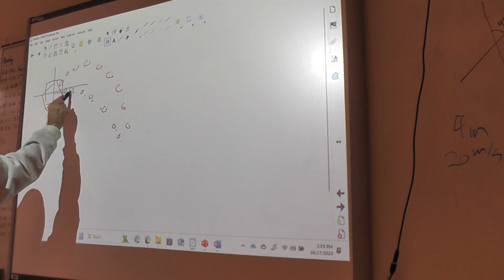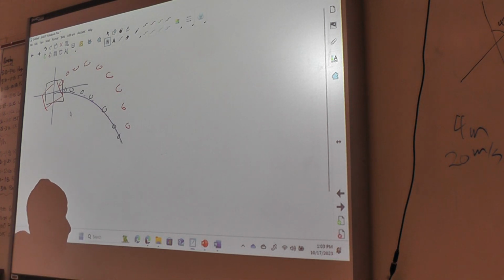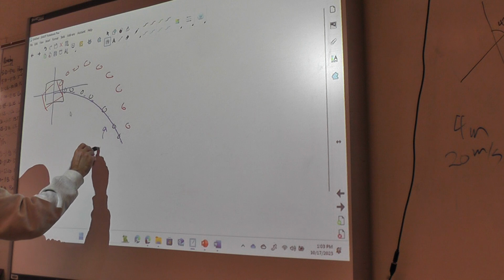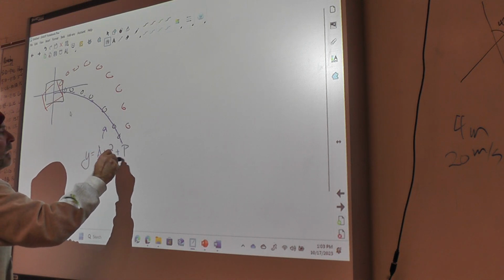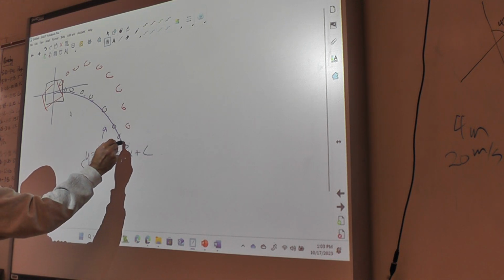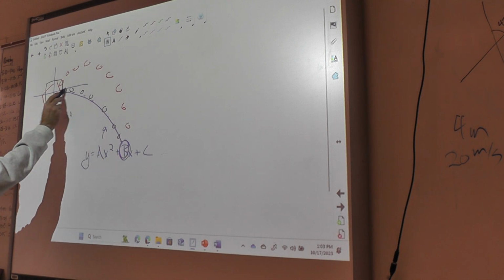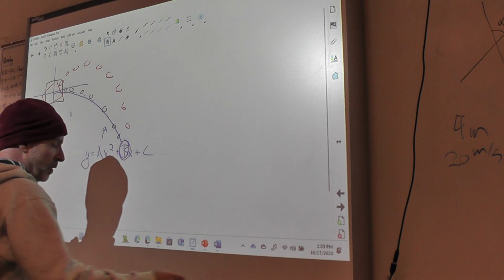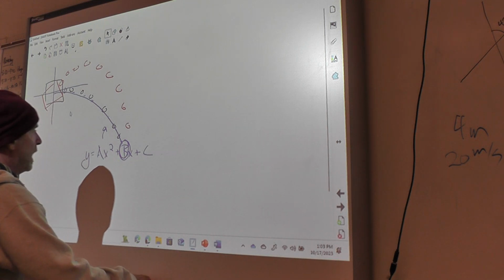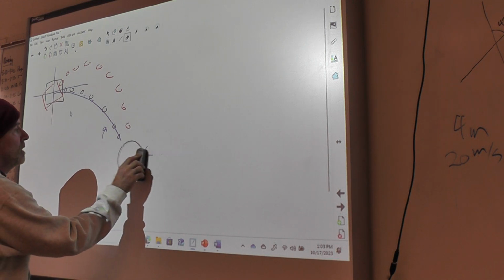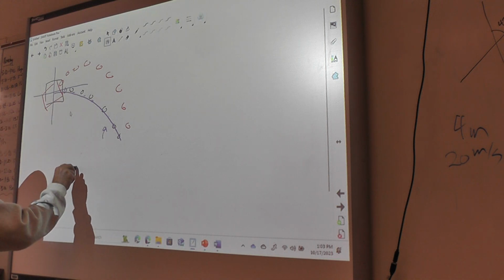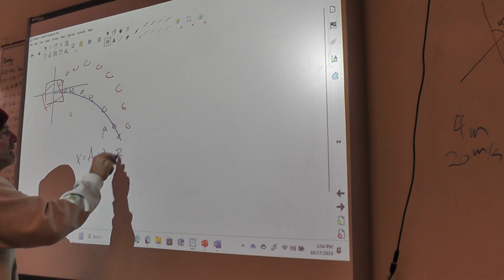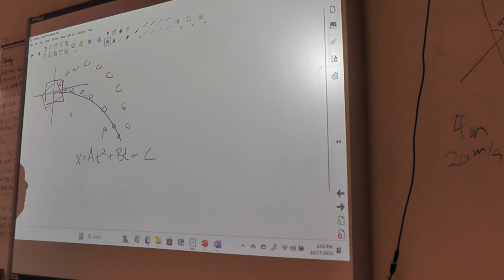Tracker would have generated a parabolic curve for those points and told you that y equals ax squared plus bx plus c. This is the initial speed of the launcher in this direction, okay? And although, sorry, hang on, let me do this again so that it's really clear. This would have been x equals at squared plus bt plus c. Sorry, I need to be more clear about this.